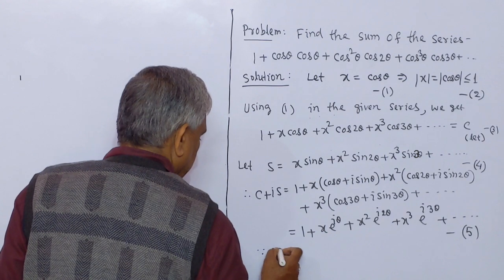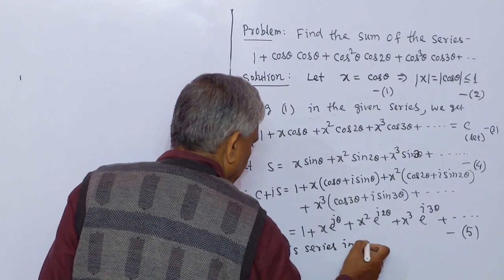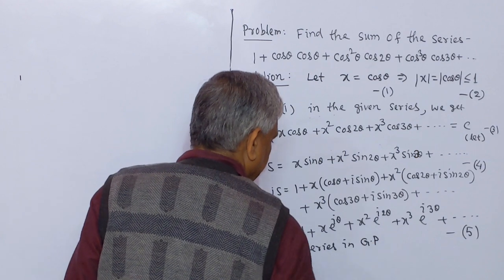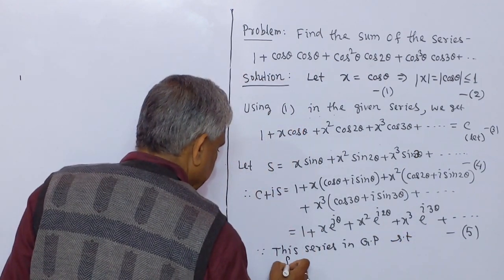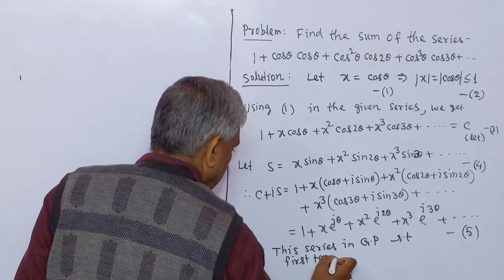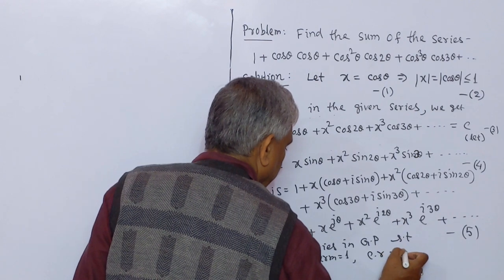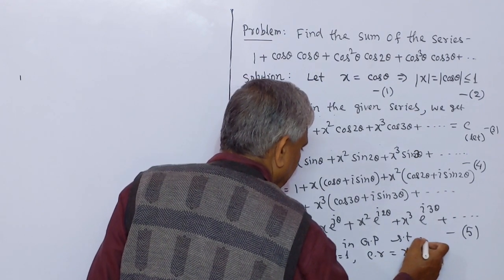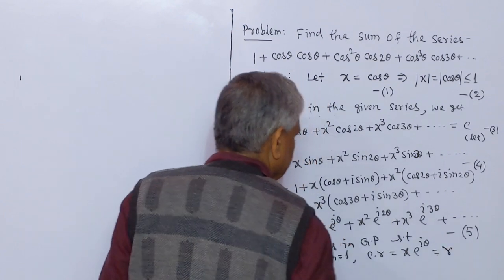Since this series is in GP, geometrical progression, such that first term equal to 1, common ratio equal to x e to the power i theta. Let this be r.